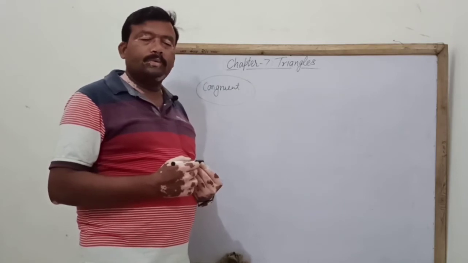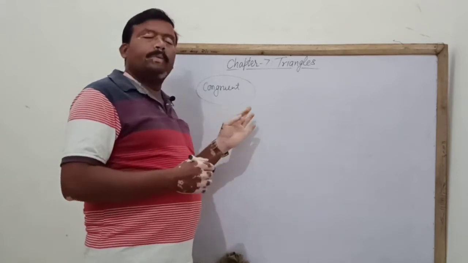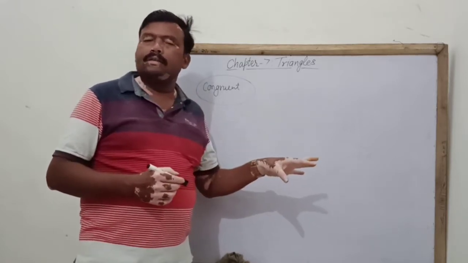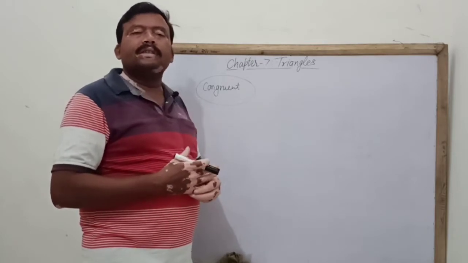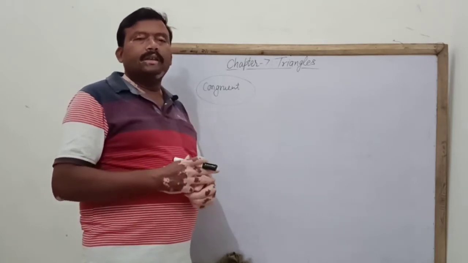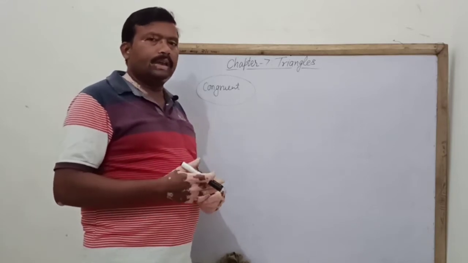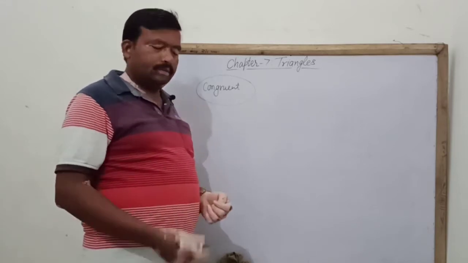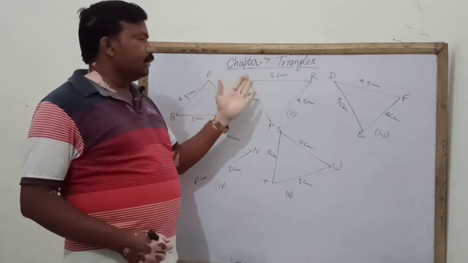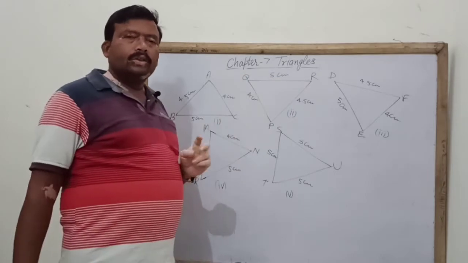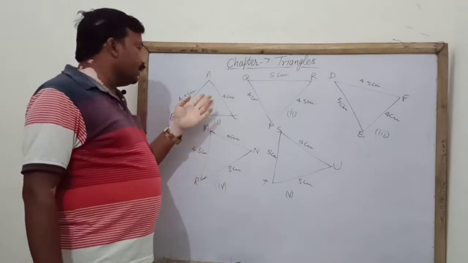Before studying congruent triangles, we will think about some shapes in geometry which are congruent or not congruent. So now if we see these triangles, you can cut them from a cardboard.